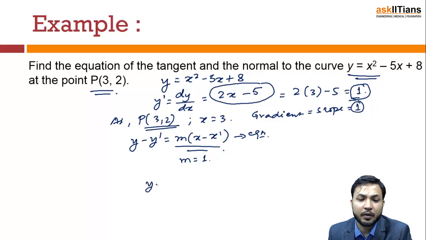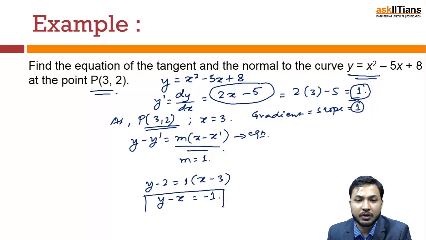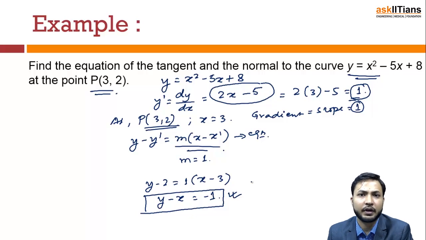My equation becomes y minus 2 is equal to 1 into x minus 3. Solve this and I will have y minus x is equal to minus 1 as the equation. So this is the equation of the tangent. In this way we find it, and the negative inverse slope would give the equation for the normal. So this is the question.